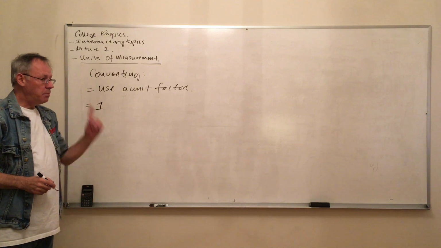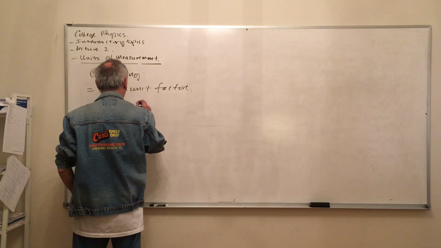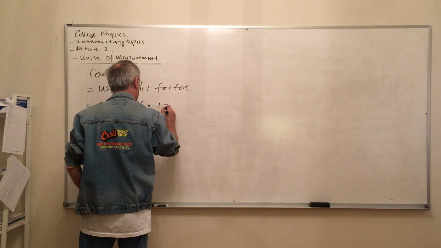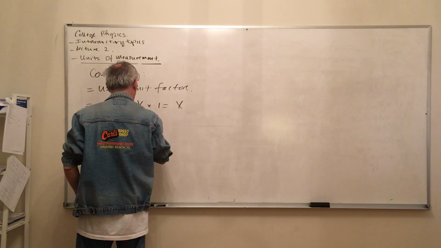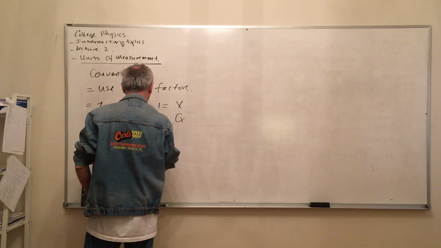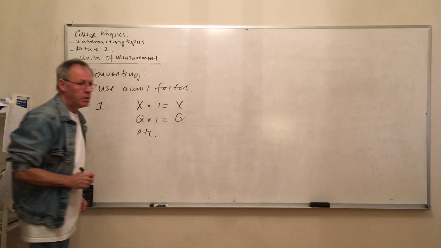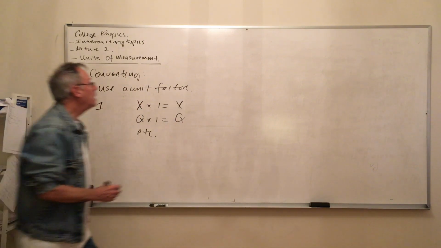The unit factor is 1. Multiply anything by 1, you get the same thing. So a unit factor doesn't change the value of anything. Examples.